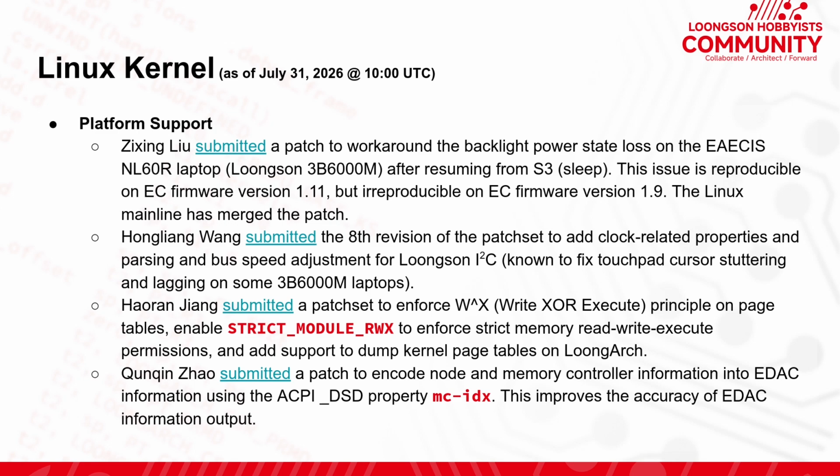And we found that the issue occurs on EC firmware version 1.11, but it doesn't happen with 1.9. So Liu has submitted a patch to basically make sure that the backlight state was set to off when entering S3 suspend. So it will always come on correctly.